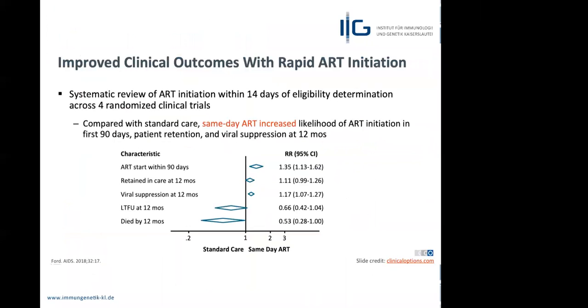And this was also shown for patients starting antiretroviral therapy within 14 days after diagnosis. These weren't all patients during acute infection. This is in difference to the patients before.